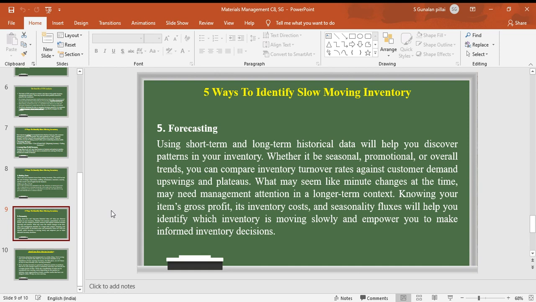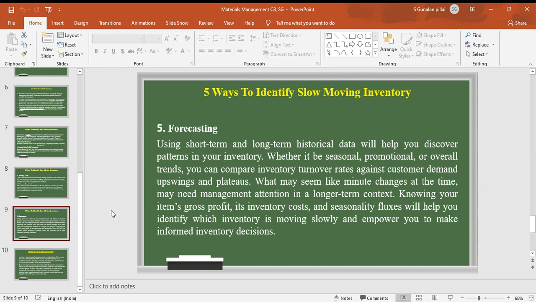We need management attention in a longer term context. Knowing your item's gross profit, its inventory cost, and seasonality flux will help identify which inventory is moving slowly and empower you to make informed inventory decisions.